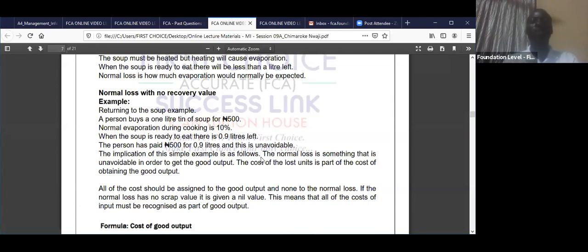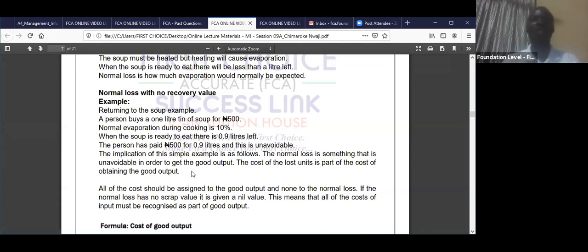So this shows that the normal loss is something that is unavoidable in order for us to get good output. The cost of the lost unit is part of the cost of obtaining the good output, so all the costs should be assigned to the good output. None should go to the loss. So all we now have is a nil value for the loss.